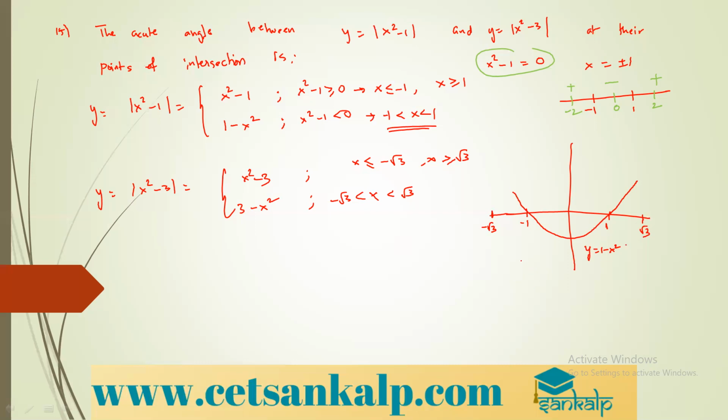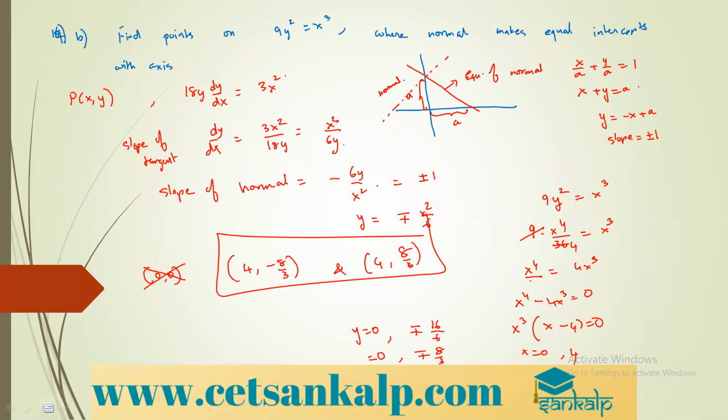Similarly, we have to draw the graph of 3 minus x square. So the graph of 3 minus x square will be something like this. Instead of drawing down, the first graph also you can draw up.